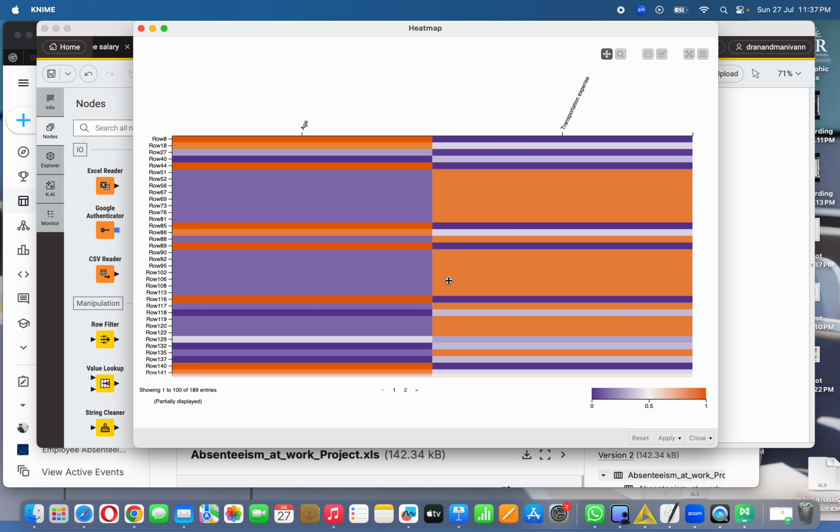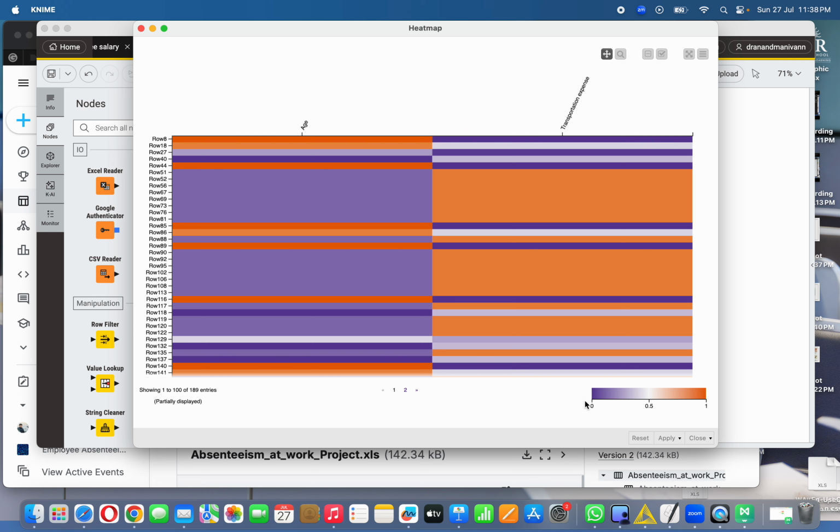Let's talk about the shades here. The darker shades indicate lower values, that is younger employees or lower transportation expenses. The brighter orange shades indicate higher values, that is older employees or higher transportation cost.